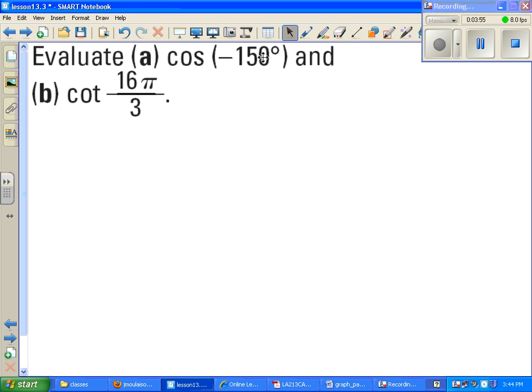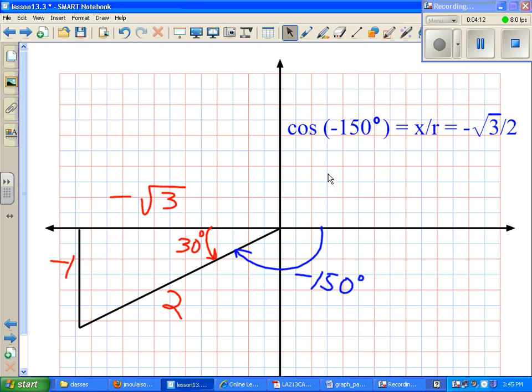So to evaluate the cosine of negative 150 degrees, I'm going to determine the reference angle. Then I'm going to evaluate the trig function values of that reference angle. And then I'm going to determine the sign of those values based on the quadrant. So I'll start by drawing negative 150. Negative means clockwise. So here's negative 150. Here's my terminal ray. And here's my reference angle, 30 degrees.